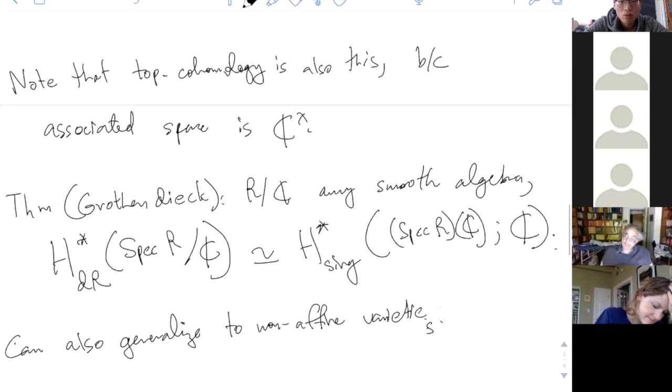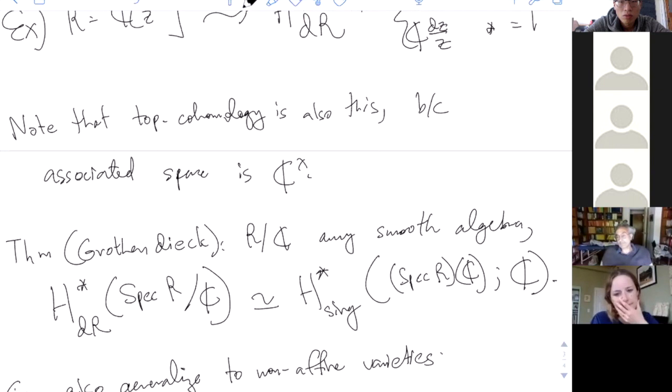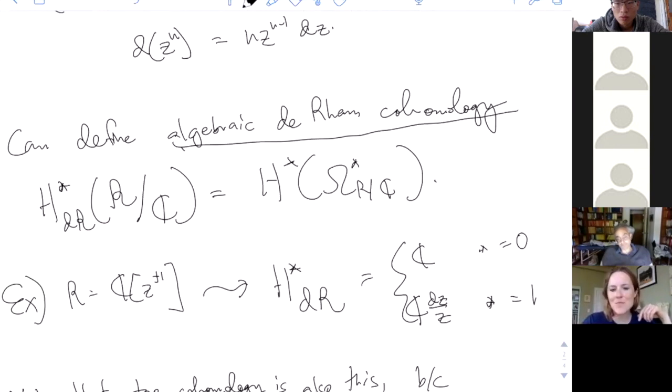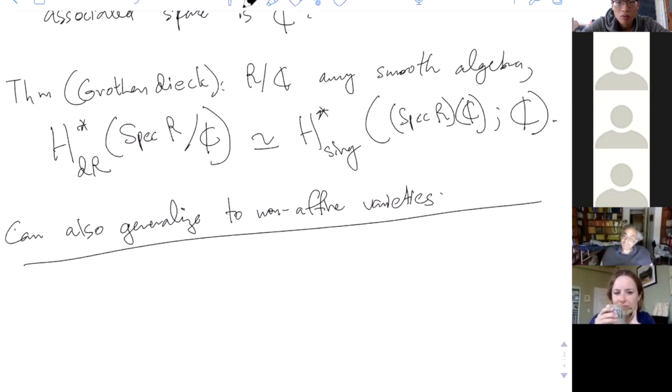So this is maybe one of the starting motivations for this series of talks. But maybe you're wondering why do we care? We already know what cohomology is. Why does it help us that we can do it purely algebraically?